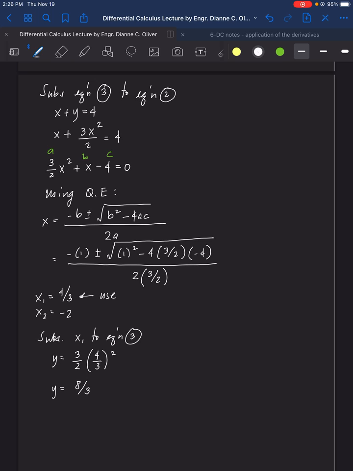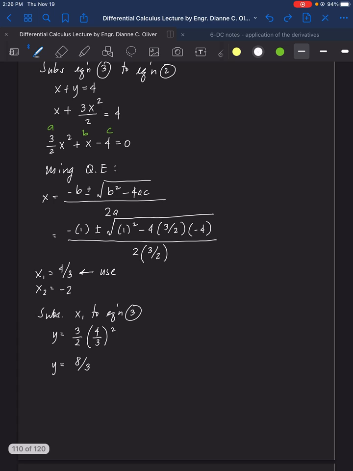So now, finally, we have two values for the sum. Substitute x and y into equation 1. S is equal to x cubed plus y squared. S is equal to 4/3 raised to 3 plus 8 over 3 raised to 2.